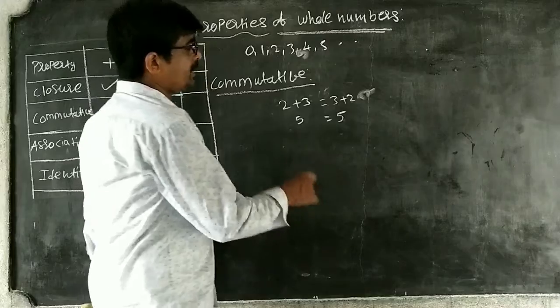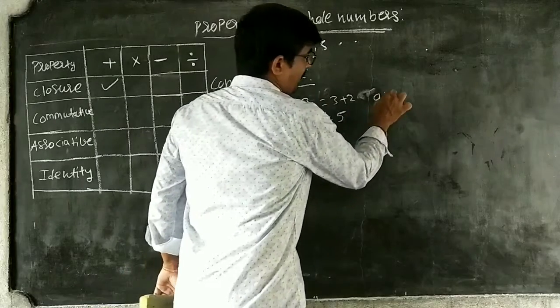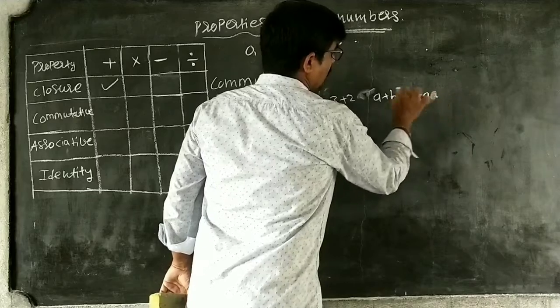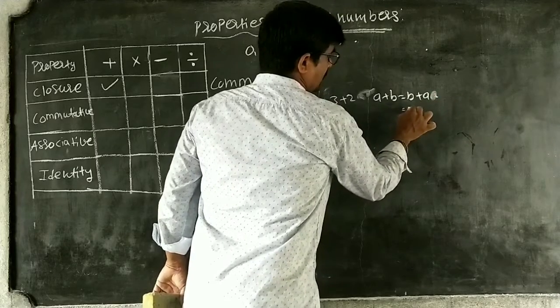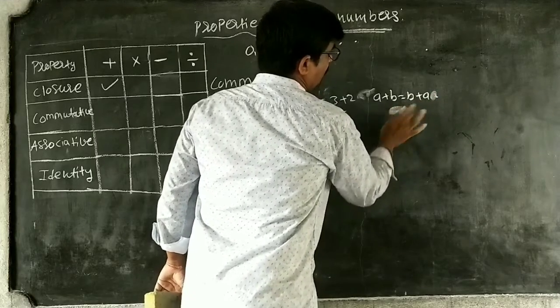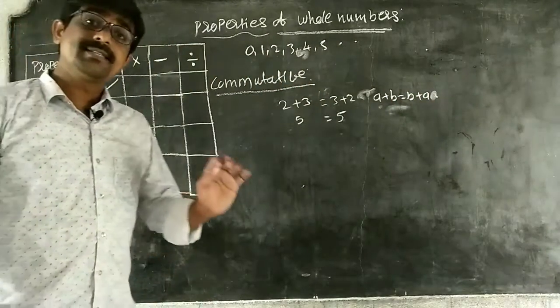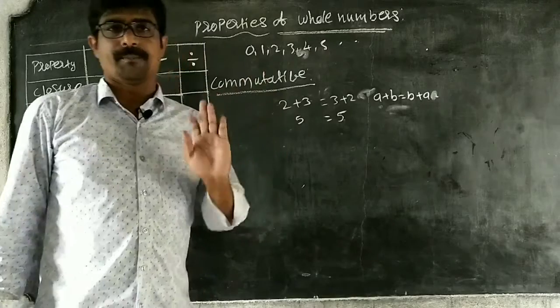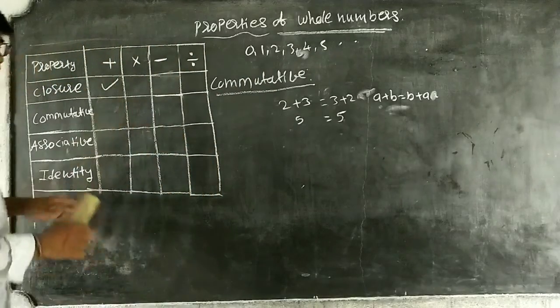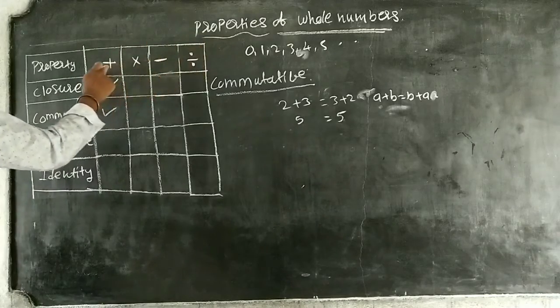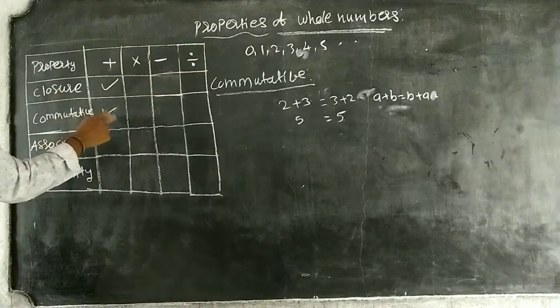That means for any two whole numbers, a plus b and b plus a give the same result. a plus b is equal to b plus a. This is the commutative property. So whole numbers under addition satisfy the commutative property.